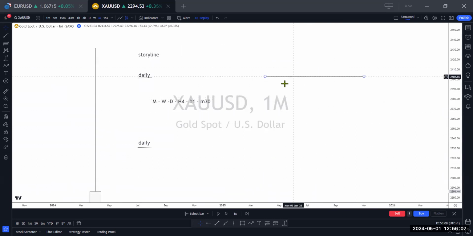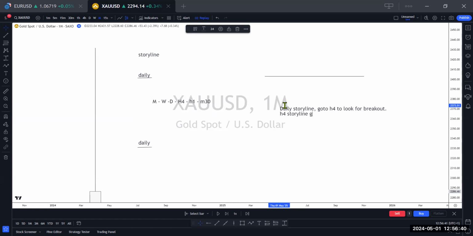So let's say this is daily storyline. For daily storyline, you go to H4 to look for breakout. Then H4 storyline, go to what time frame? H1 BO.